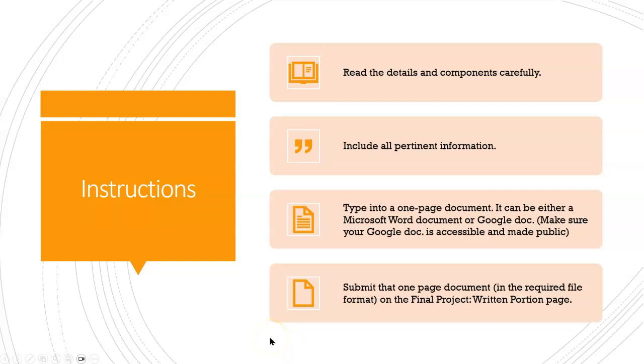When we're talking about the written portion, the business or product that you choose, you should choose one that is out there in order to make this project a lot easier for you to do, because you have a written portion and a presentation portion. Read the details and components carefully.